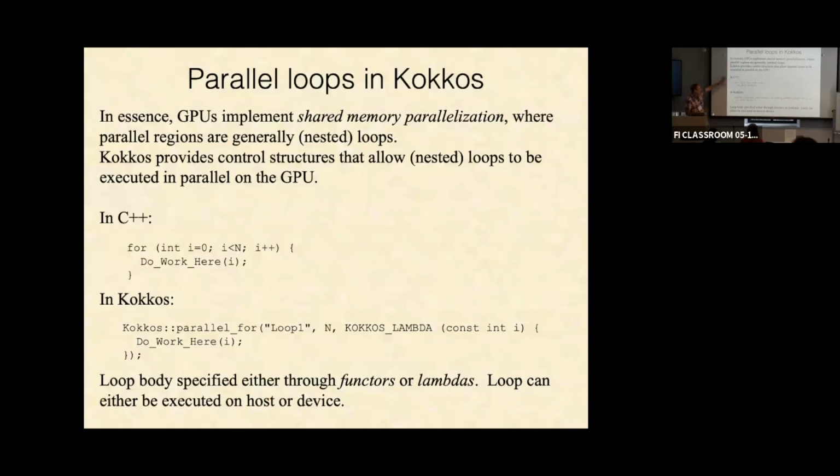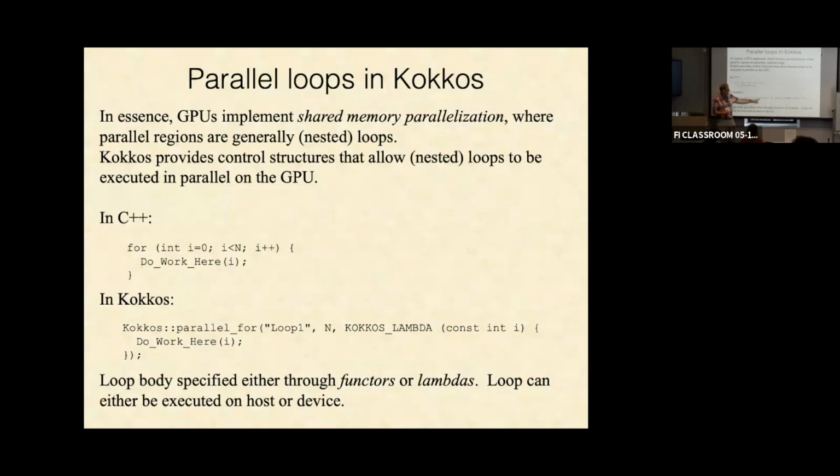In C++, when you have a standard for loop and you're using OpenMP for shared memory, you'd maybe have a pragma omp in front to tell the compiler to parallelize it. In Kokkos, what you do is just use their construct, parallel_for.